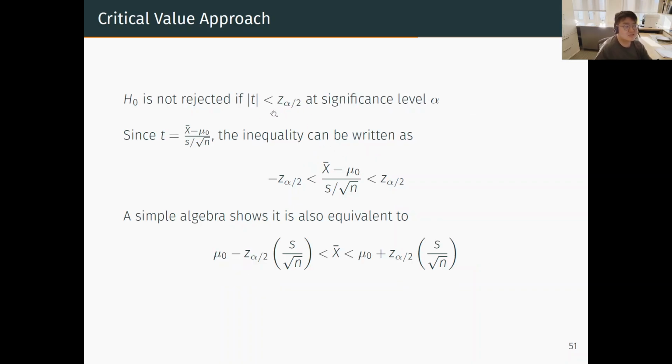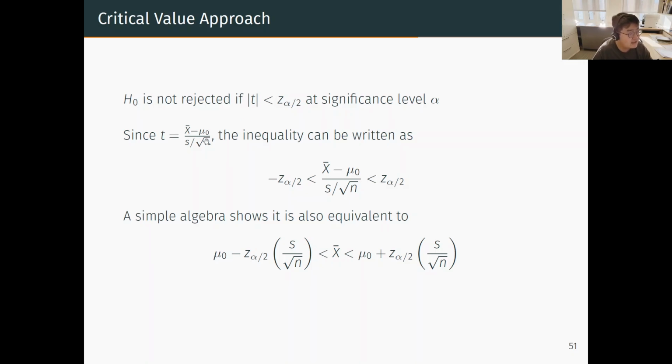To do that, let's start from the t-statistic approach, because the t-statistic rule is already consistent with the p-value. Based on the t-statistic approach, we do not reject our null hypothesis if the absolute value of the t-statistic is smaller than z alpha over 2, when your significance level is alpha.